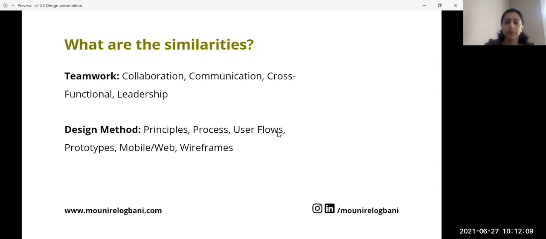So what are the similarities between product design roles and UX design roles? In the section of teamwork, both of them need to collaborate, communicate, and do cross functional work, and also leadership. In design methods, they need to follow the principles of design, the process.